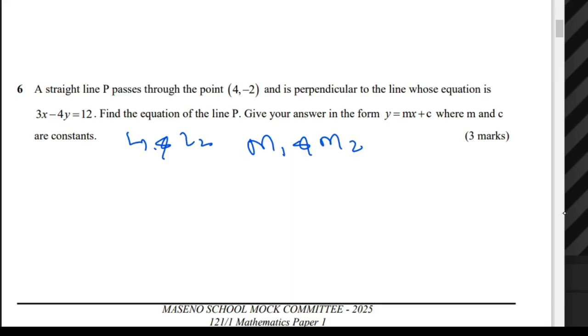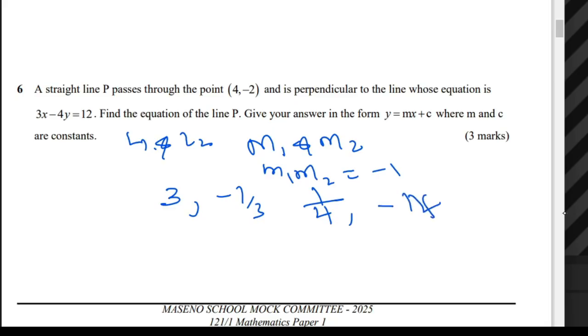When you multiply M1 times M2, the answer should be -1. So if the first gradient is 3, the other one will be -1/3. If the first gradient is 1/4, then the other one should be -4, so that when you multiply, the answer is -1.